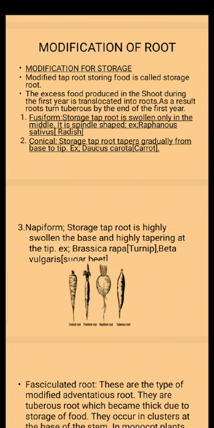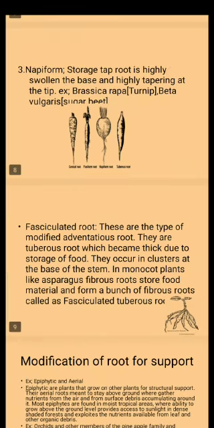That's why the name is napiform. Whether fusiform, conical or napiform, they all store food material, but depending upon the food storage, they show different shapes. Example, Brassica rapa, turnip, and Beta vulgaris, sugar beet.